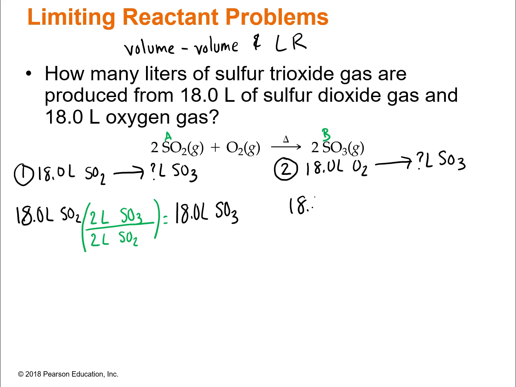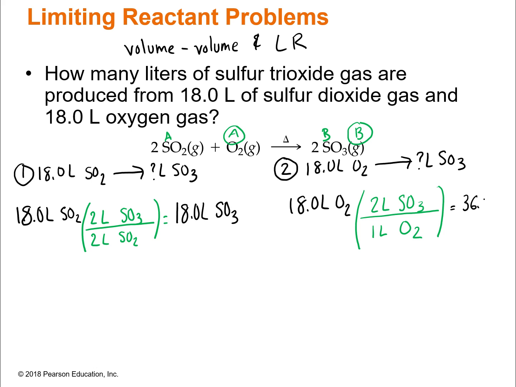We do the same thing for the oxygen. Once we get here, we have to figure out which one makes the least amount of product. That's going to be the 18 liters.